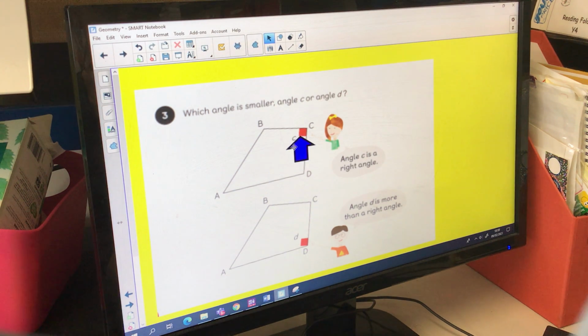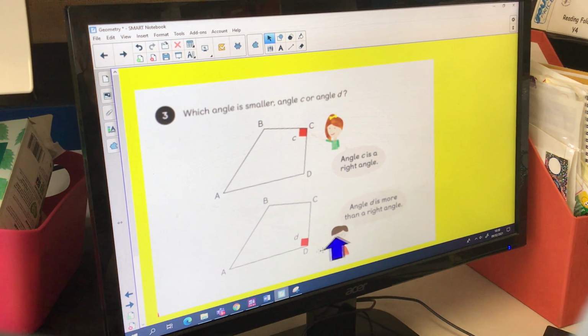So we're looking at this angle and this angle. So what the little girl has done here, she has looked at C and she's put that little L shape in there, and she can see that it's a right angle. Okay, and she says angle C is a right angle, and she knows that because that fits in, and you could use your angle measurer today for your tasks if you needed to.